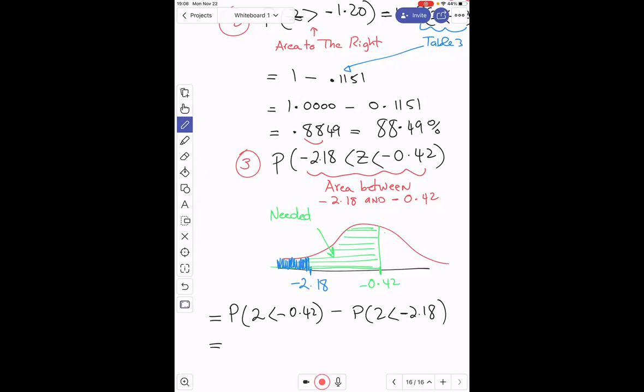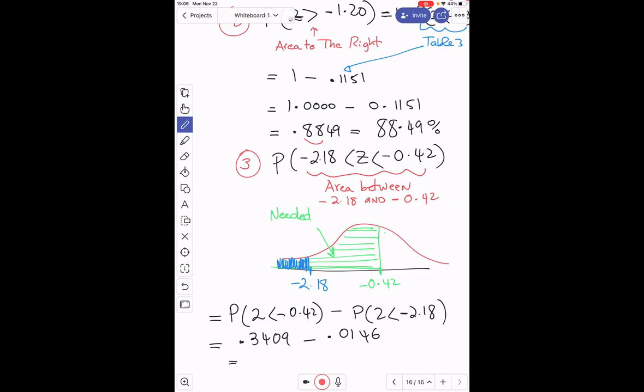So the answer is 0.3409. Minus negative 2.18: nearest tenth is negative 2.1, and nearest hundredth is 0.08. So the answer is 0.0146, if I'm not mistaken, of course.